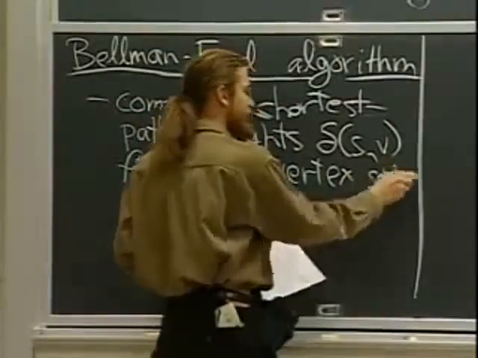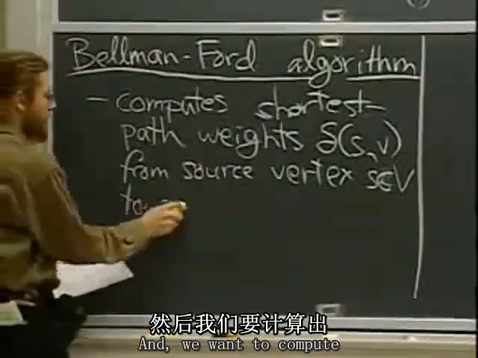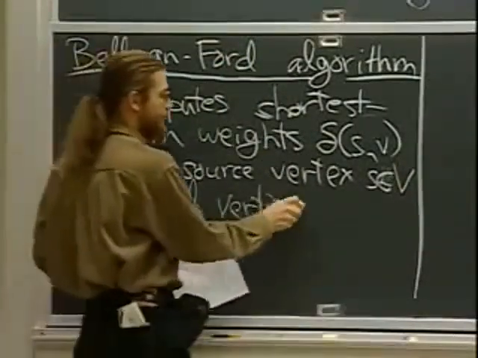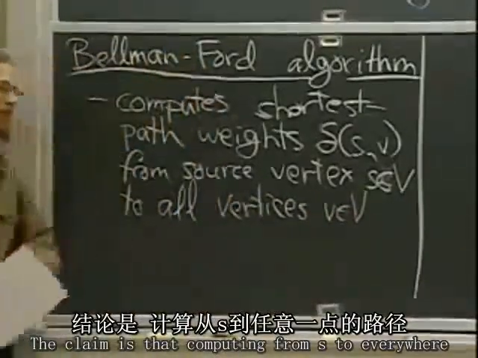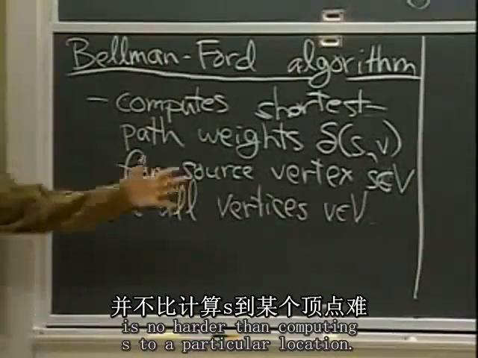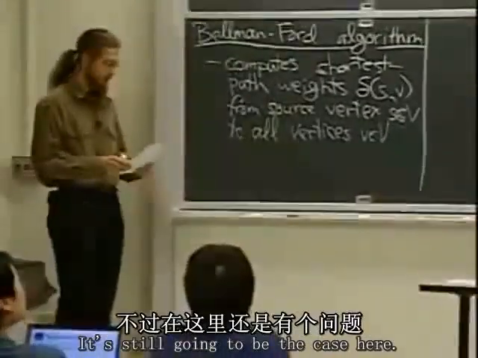S is in V. And we want to compute these weights for all vertices, little v. The claim is that computing from S to everywhere is no harder than computing S to a particular location, v, so we're going to do it for all of them. Still going to be the case here.